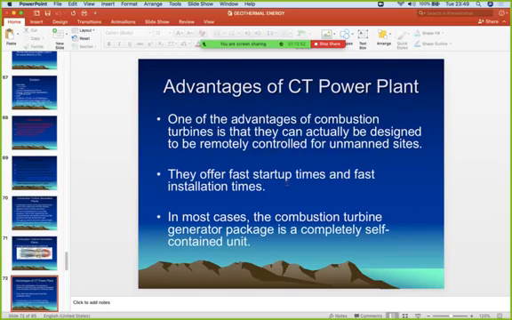They offer fast start-up times and fast installation. Imagine you have a small 1 megawatt combustion turbine. They can easily be installed. You just connect the supply of air and the outlet to the exhaust gas line, and then you can produce the power already. The high octane gas will be used to fuel up.